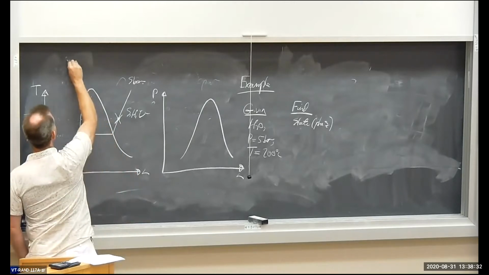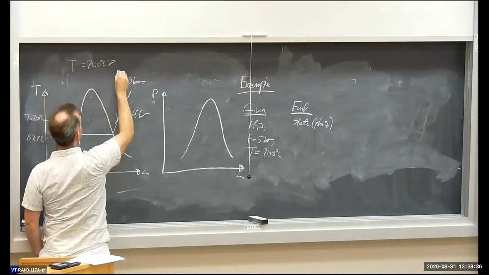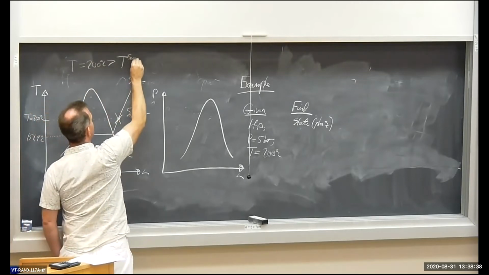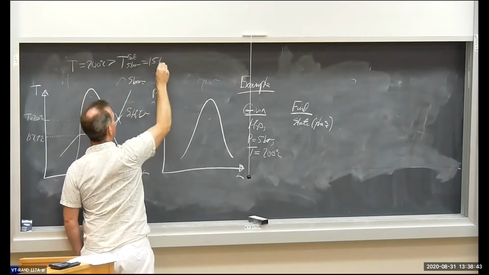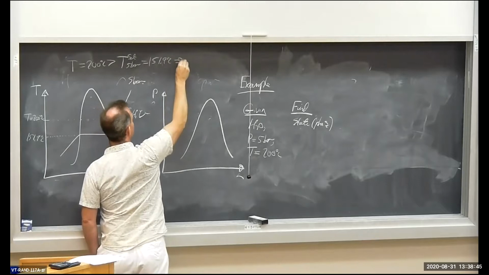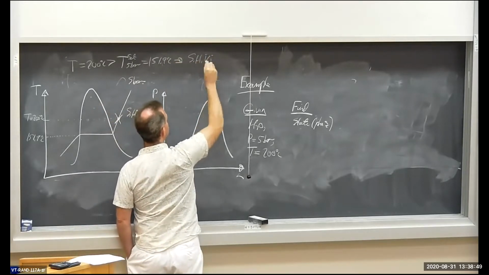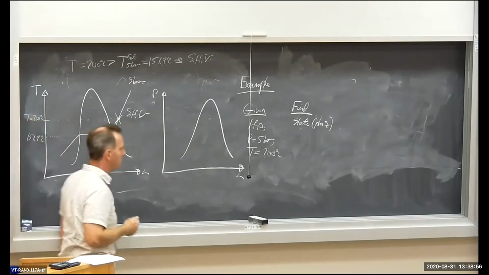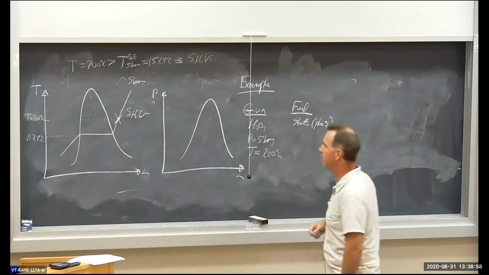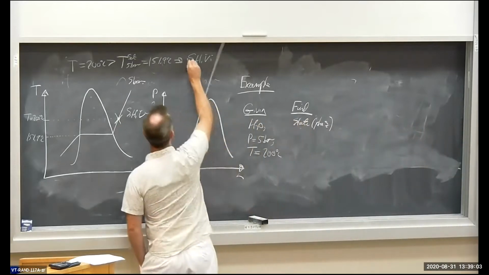So temperature, which is 200 degrees C, is greater than Tsat at 5 bar, which is 151.9 degrees C. That implies superheated vapor. We are hotter than the boiling temperature, so we are superheated vapor. Okay? Put a little box around this superheated vapor.